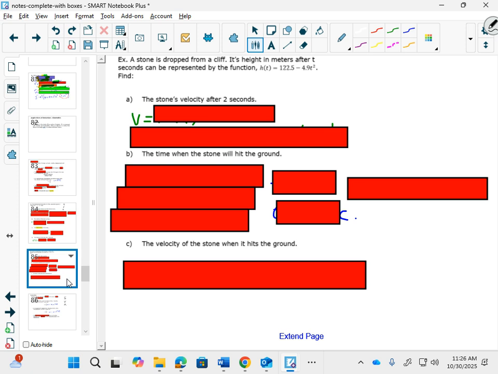I just want to point out that its first derivative here is negative 9.8t. And its second derivative is constant, negative 9.8.